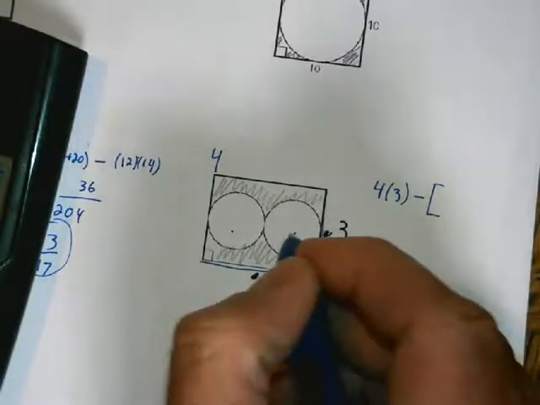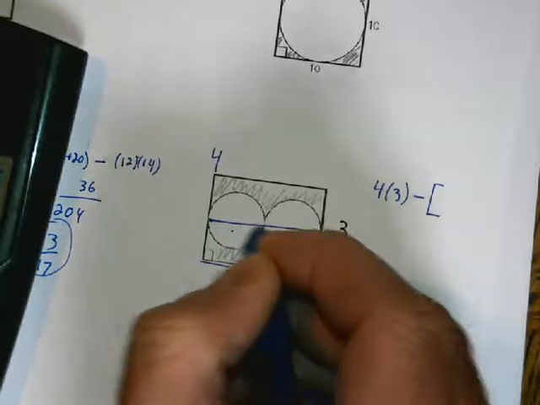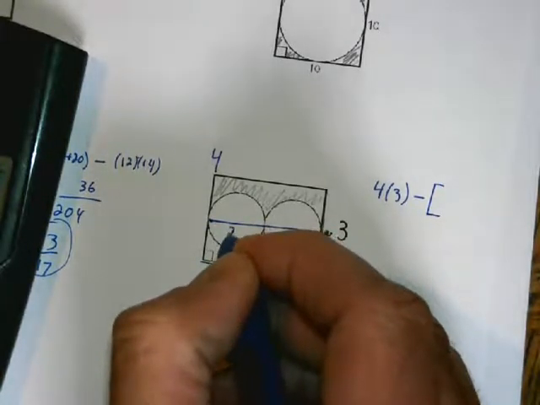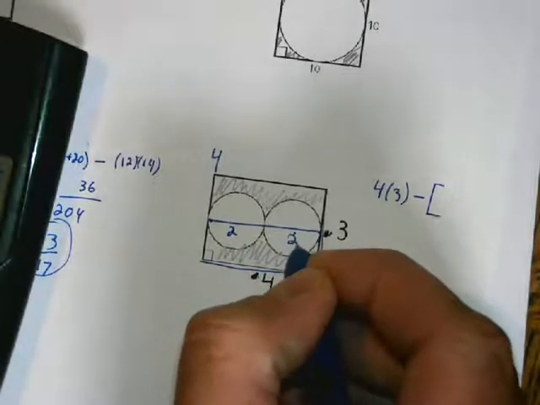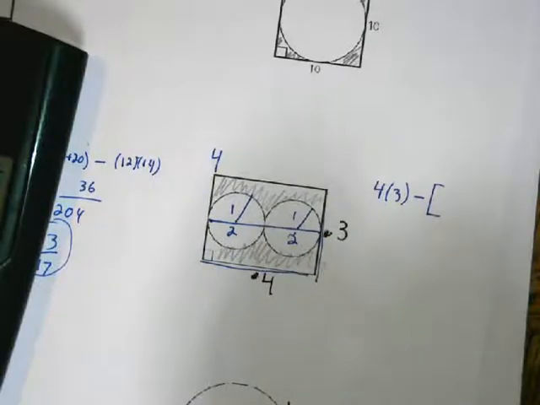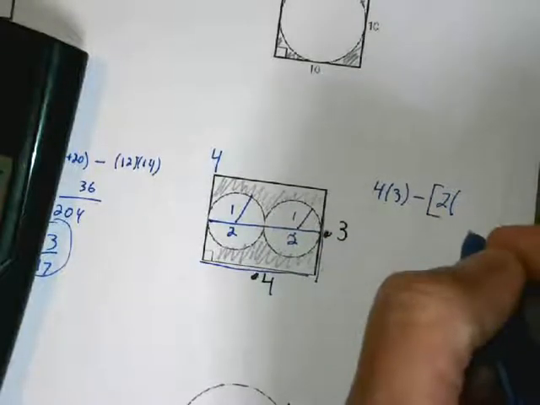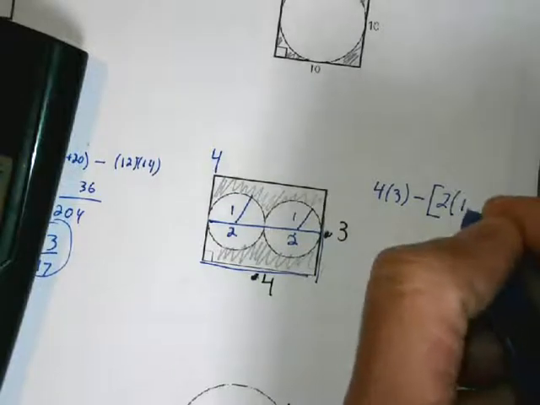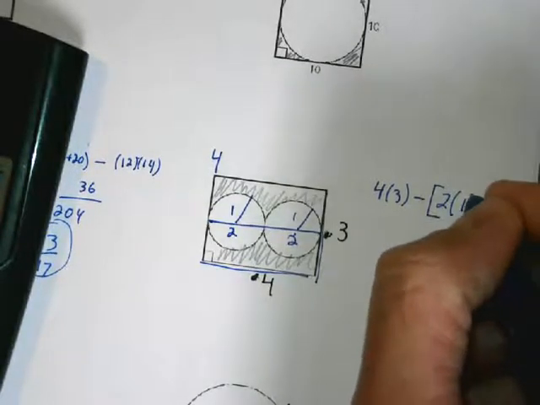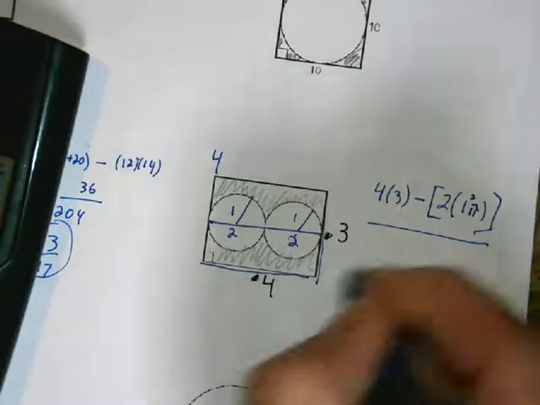If going all the way across is 4, that means this has a diameter of 2, and this has a diameter of 2, which means this has a radius of 1, and this has a radius of 1. So we have 2 circles of pi r squared. Well, the radius is 1, and we have to square the 1. And then we would divide all this by the overall, which is 4 by 3, which is 12.